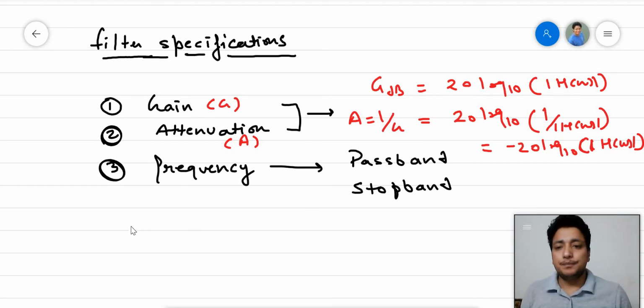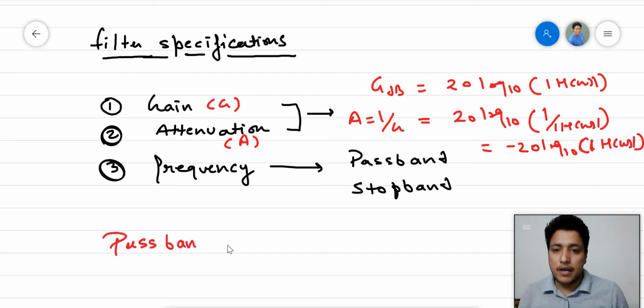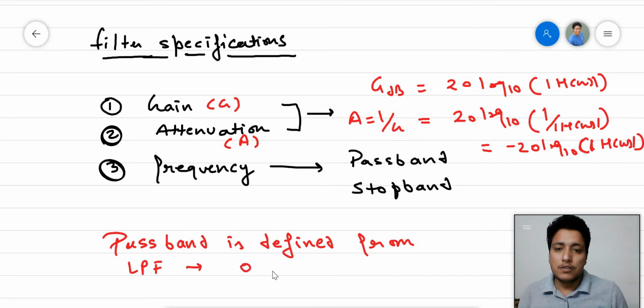For pass band, it is defined, in case of LPF, from 0 to omega p.